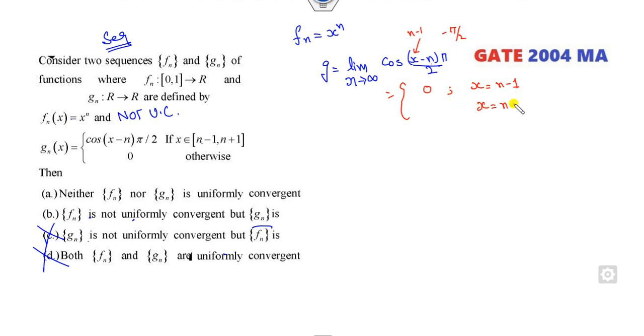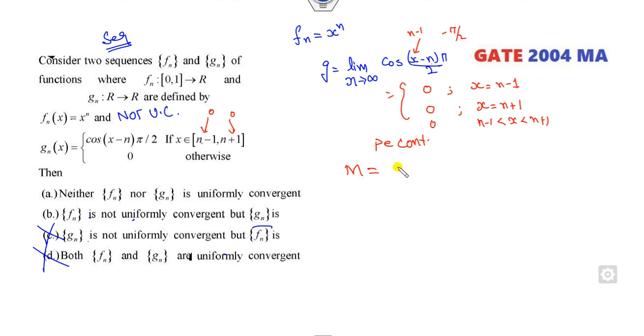When x is n plus 1, what will happen? It's pi by 2, which is 0. So both the endpoints give a 0, so it is continuous. And if x lies between them also, again it's a 0. Endpoints are 0 here, so it means this is piecewise continuous.